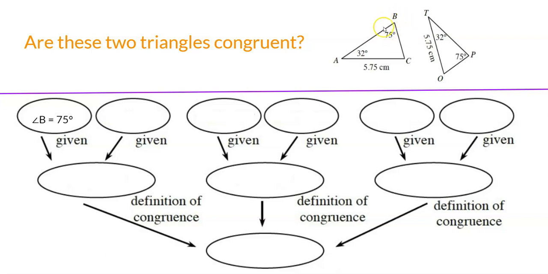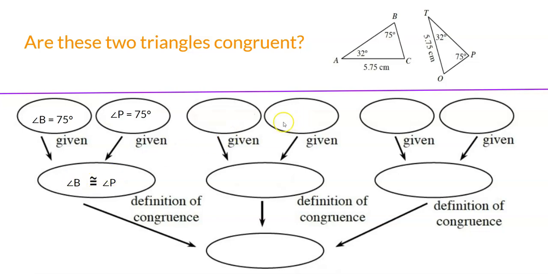If I have 75 degrees for angle B, on the other triangle my 75 degrees is on angle P. So angle P and angle B are 75 degrees. From these givens, I'm going to put it down to this bubble, which says that angle B is congruent to angle P. And remember, congruent just means that they are equal, or the same size.